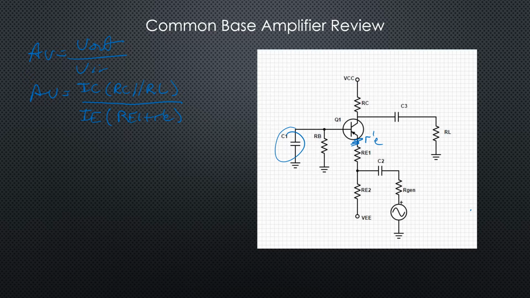Now we can simplify that a little bit more, and we know that IC over IE is equal to alpha, and then we can put that in terms of beta.